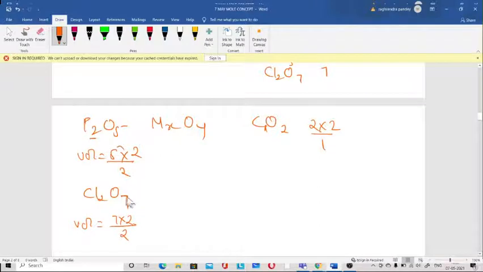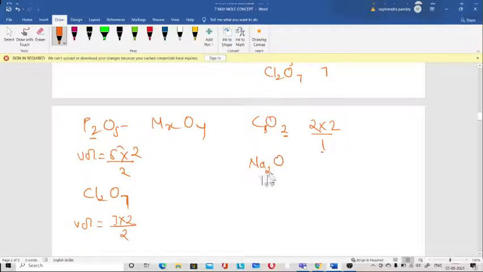Here the number is 7, you have to take 7, multiply it by 2 and then again divide it by 2. Then you have to take this number 2, multiply it by 2 and divide by this number.